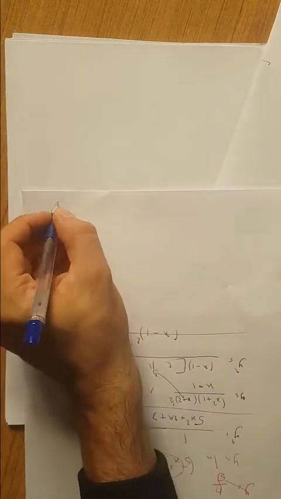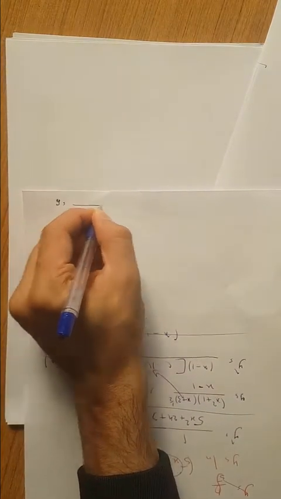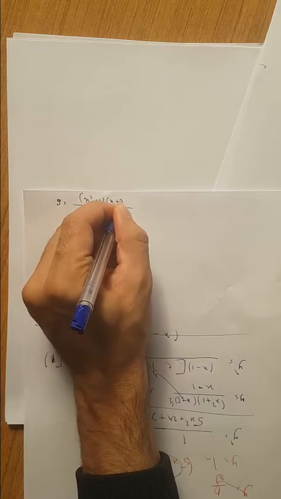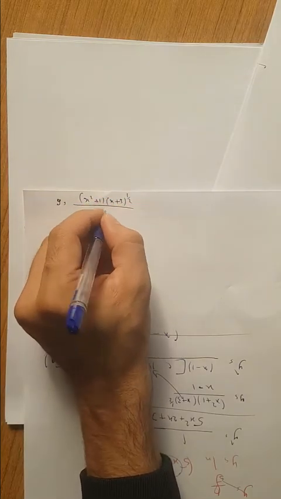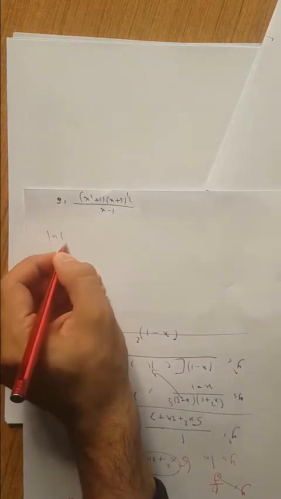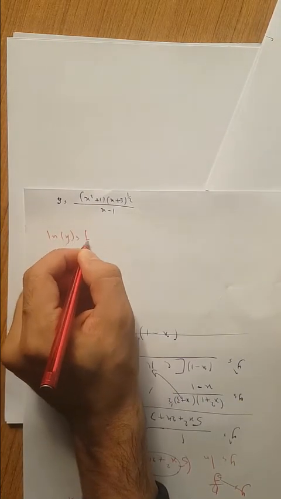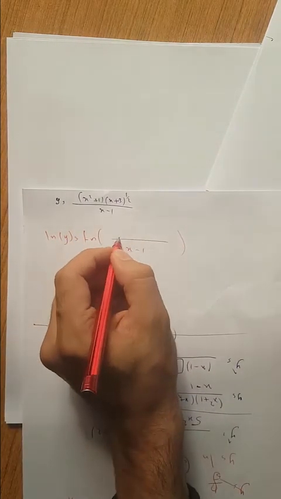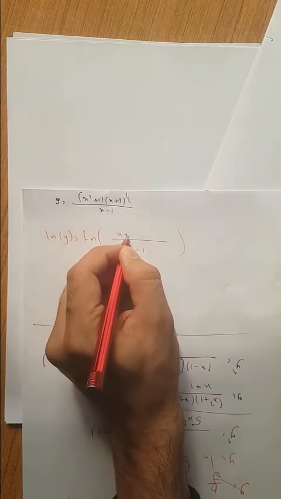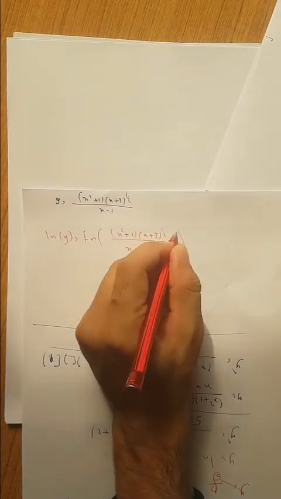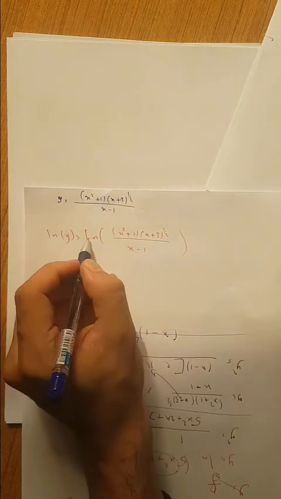But if you use the ln, you can directly say y is equal to x squared plus 1, times x plus 3 to the power 1 over 2, over x minus 1. If you apply the ln to both sides, you can see the ln will minimize our work quickly. Why? Because we are going to use the properties of the ln, which are very helpful for us.